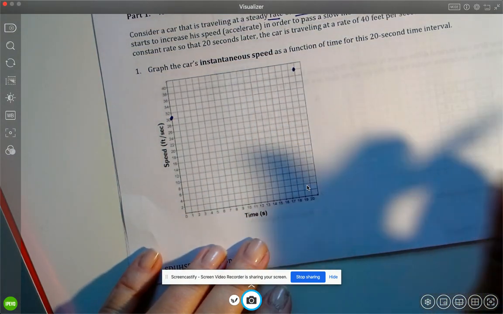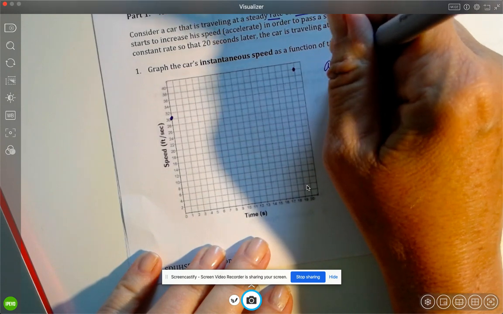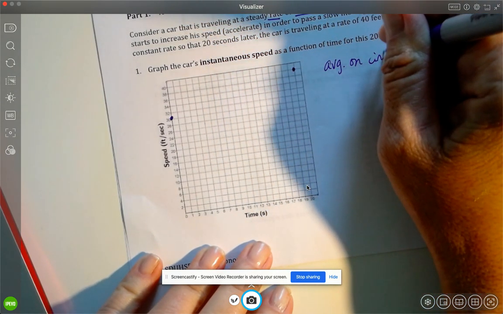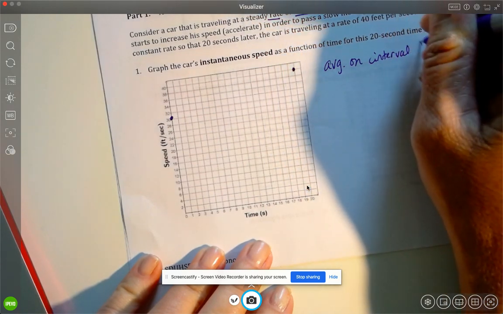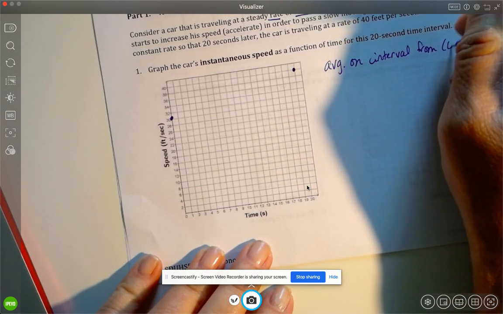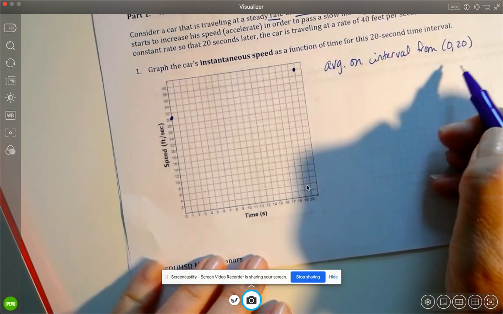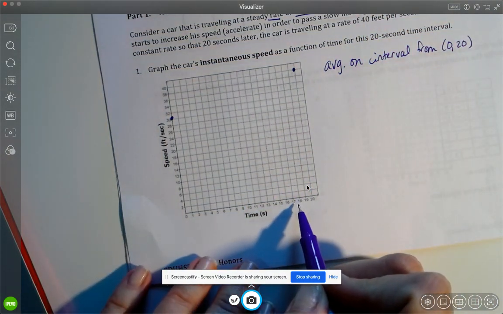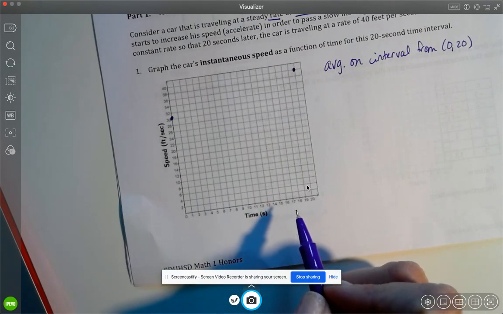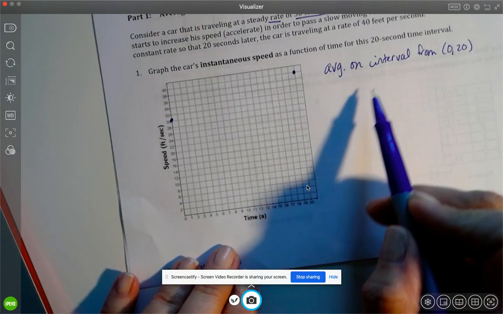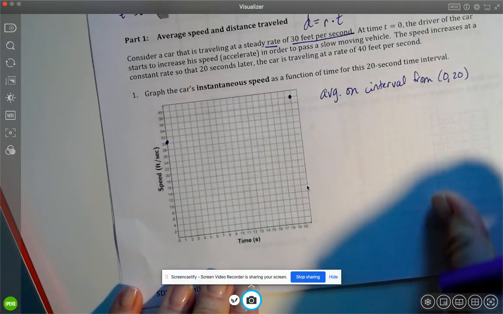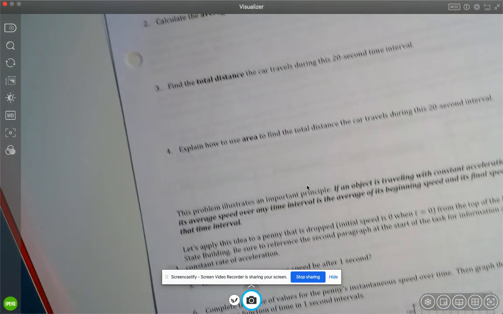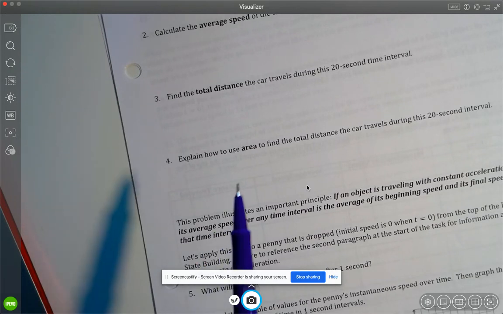Okay, so the average on the interval from 0 to 20, in this interval from 0 seconds to 20 seconds, we're going to talk about this on the next page, and then we'll come back to this graph. So it says calculate the average speed of the car for this 20-second time interval.